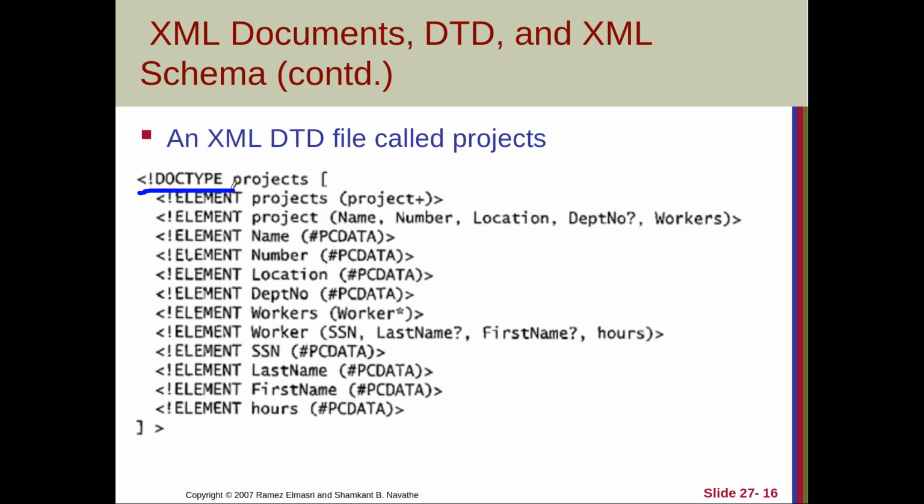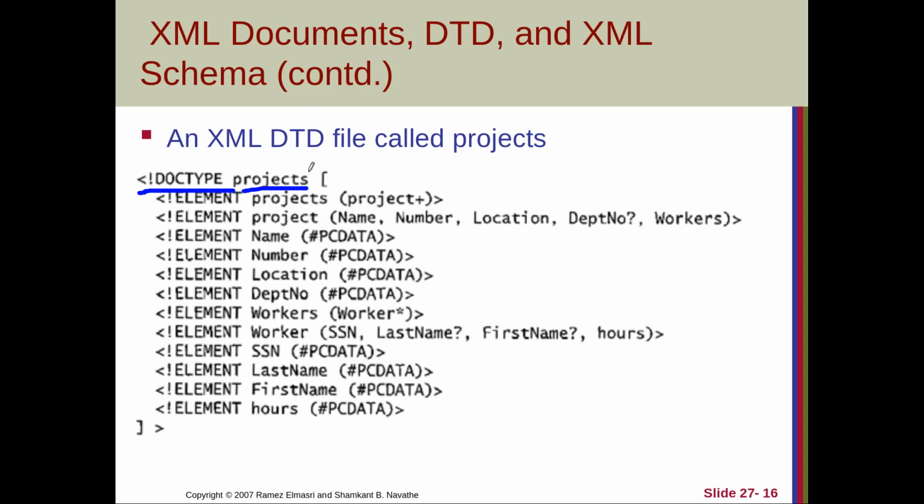If any document starts with this statement, we can call it a DTD document. Then we provide the root element of the XML document, that is projects. In our previous example, it was projects.